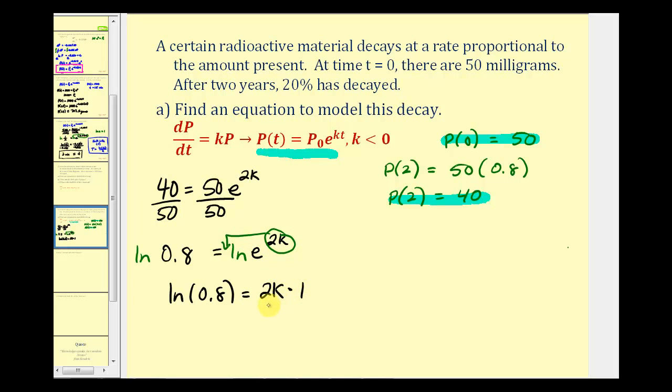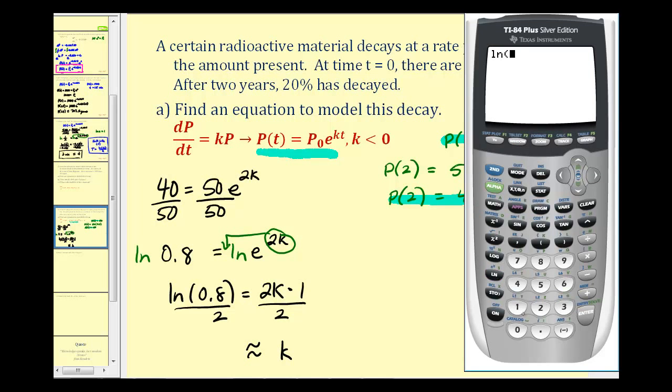So to solve for k, we just divide by 2. Remember, k is supposed to be negative because we have exponential decay. So now we'll go to the calculator. So we have natural log 0.8 divided by 2. Let's go ahead and round this to 5 decimal places. So k is going to be approximately negative 0.11157.